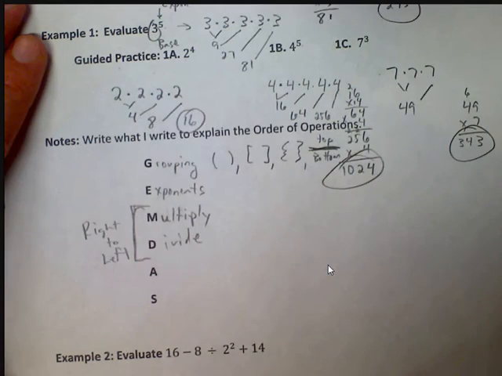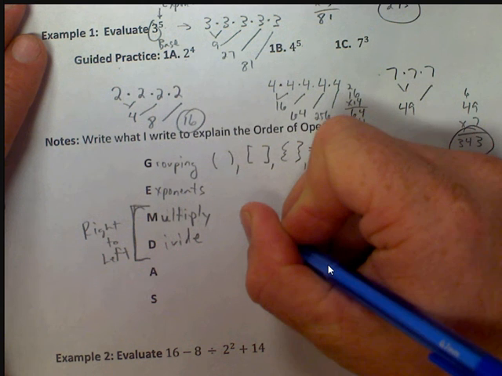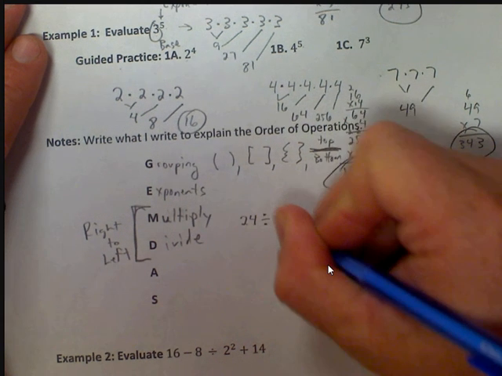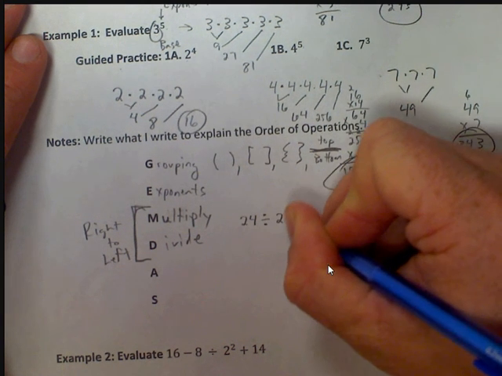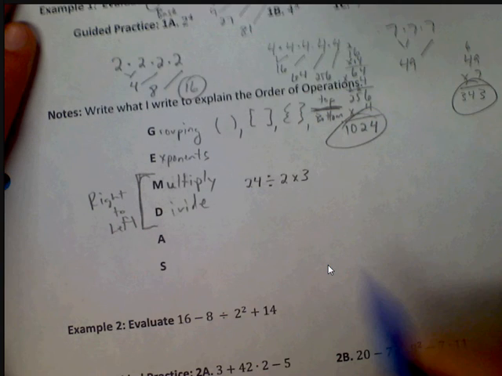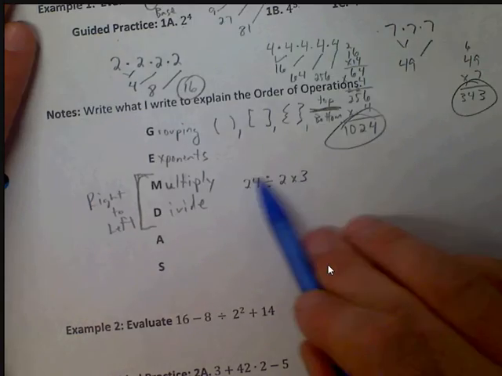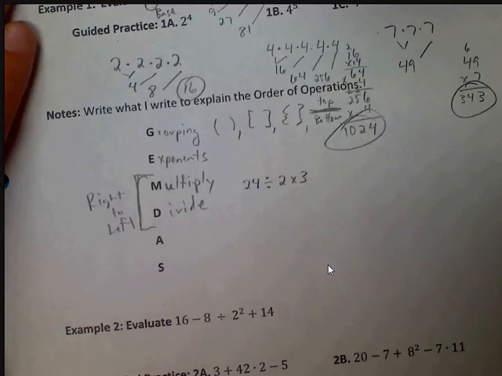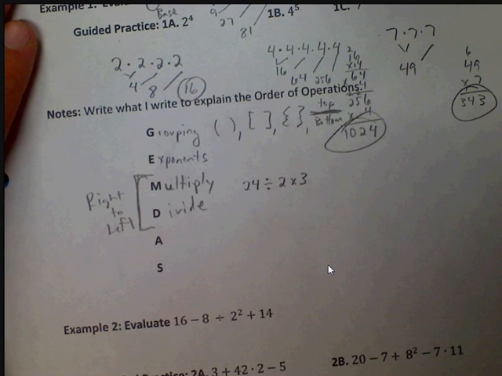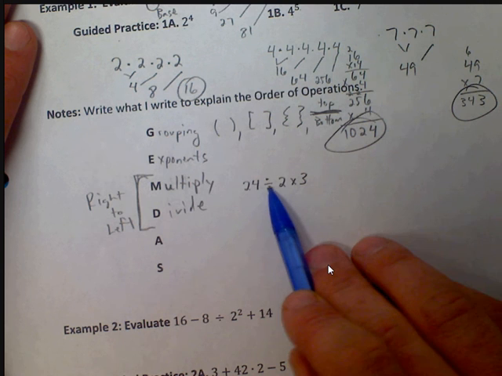What if I asked you this question? What if I said 24 divided by 2 times 3? Most of us would take 2 times 3 first, and then take 24 divided by 6. That is not true. We go from left to right because multiplication and division are on the same level.